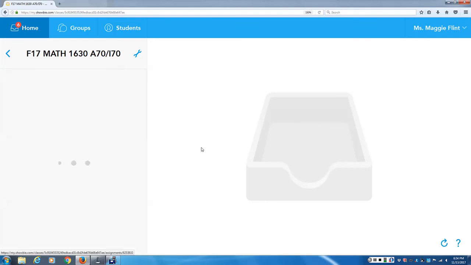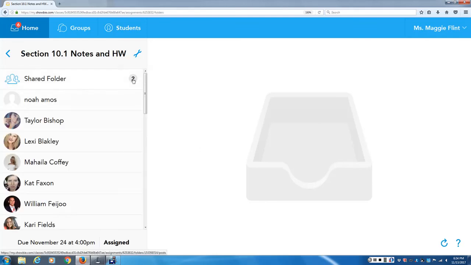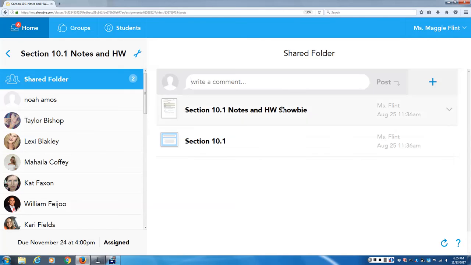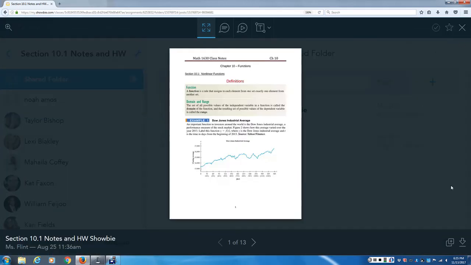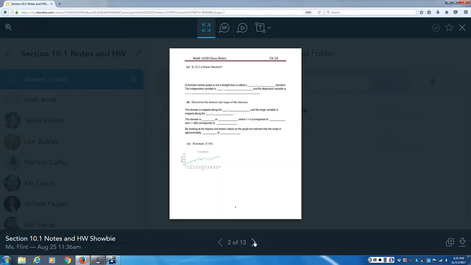This is the section 10 notes and homework. And the Shobi homework is right in with the notes. So there's not a separate homework folder for the Shobi. You'll just load up whatever pages it says, try your turn. Let's see if I can find one.